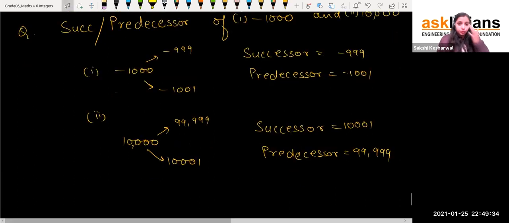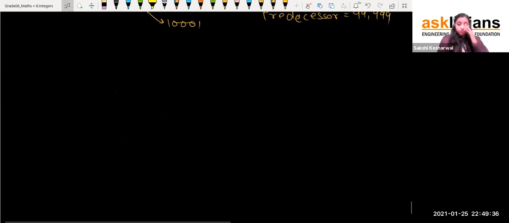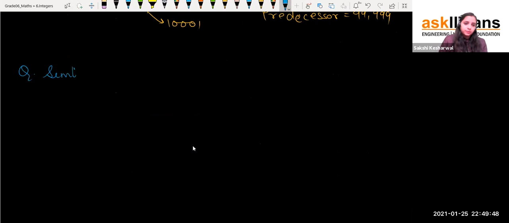Now, I think everyone is good to go with the addition and subtraction of the numbers. Now let's do a few questions on this. If I say the question is simplify, adding and subtracting three or more integers, like 9 plus of minus 3 minus of minus 2.